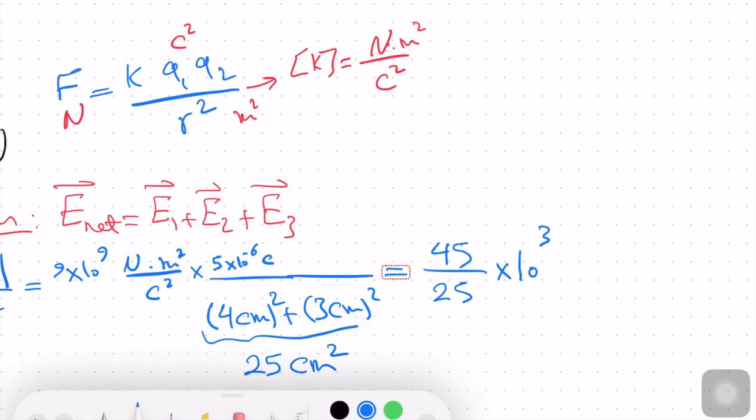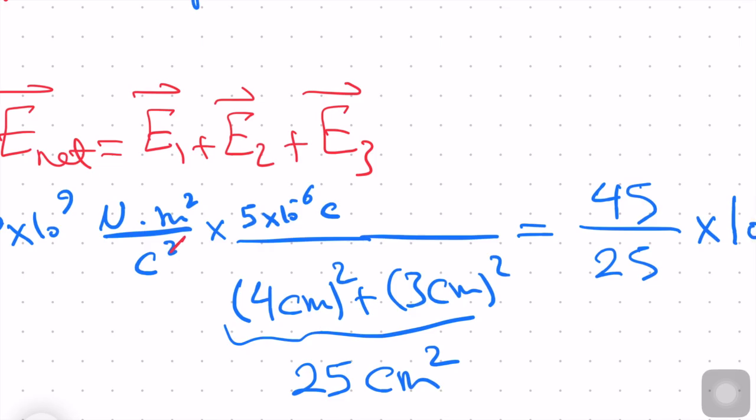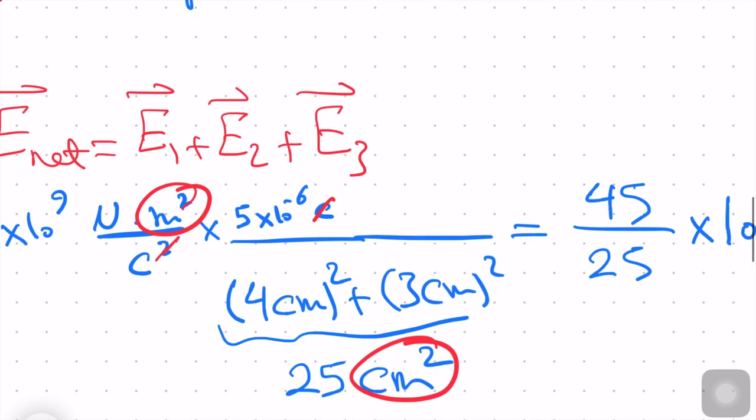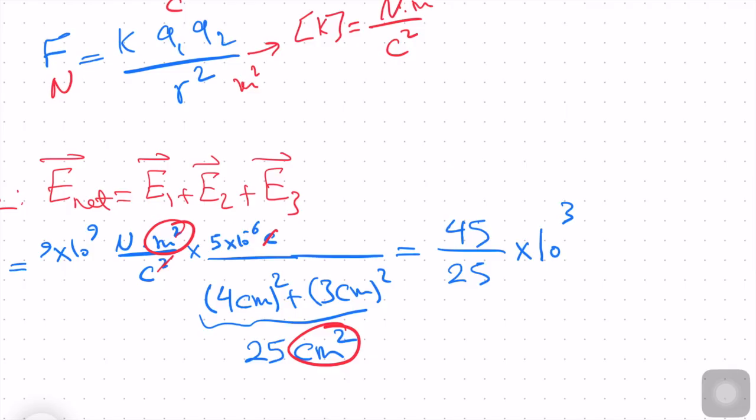Now I'm going to cancel out my units, so pay attention here, and this is why it's very important to keep track of the units. One of the C's is going to cancel out the C, and then you have to deal with the division of meter over centimeter. I could have plugged in this number already in meters right from the start, so then they would have canceled out. But because I'm using centimeter, they're not canceling out.